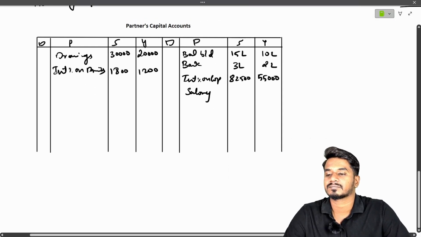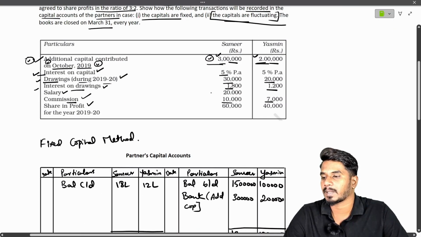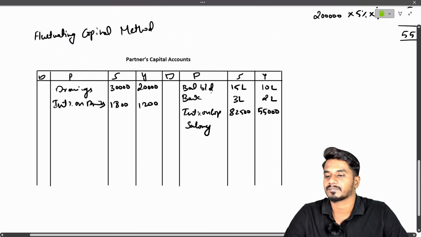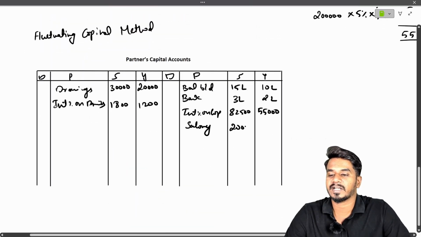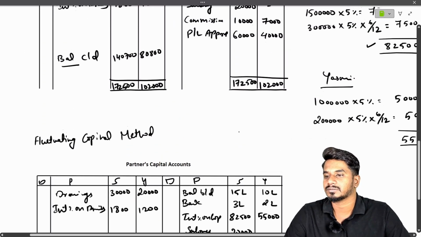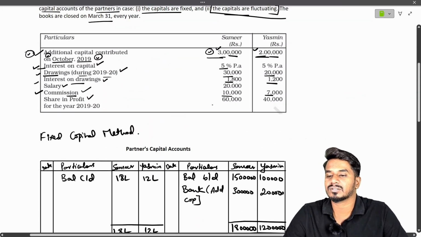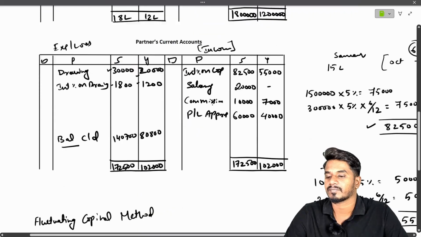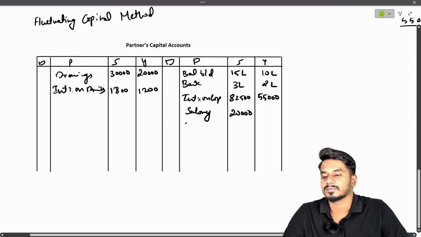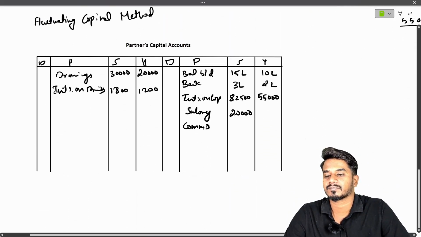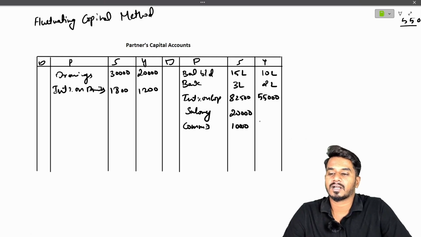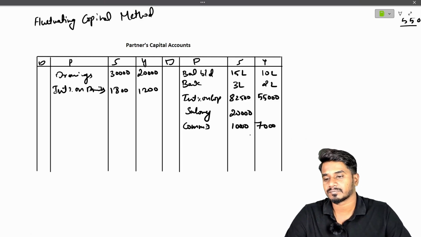Next, salary is given. Salary, how much is it? It is 20,000. Right. The next thing is commission: 10,000 and 7,000.